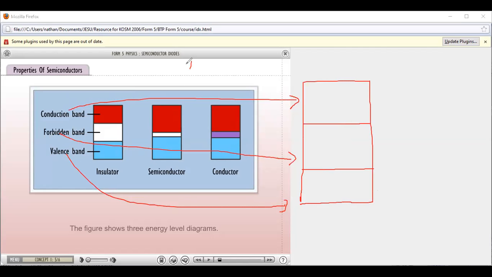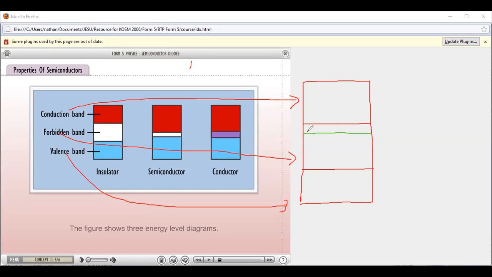When you add a pentavalent atom, because it is a different material, the energy level will be this much.